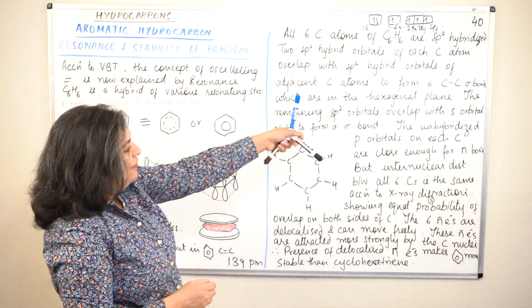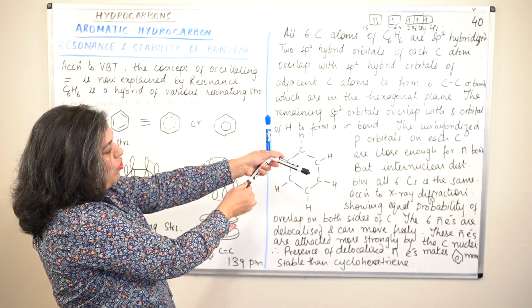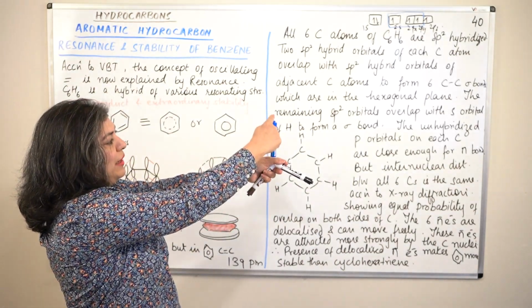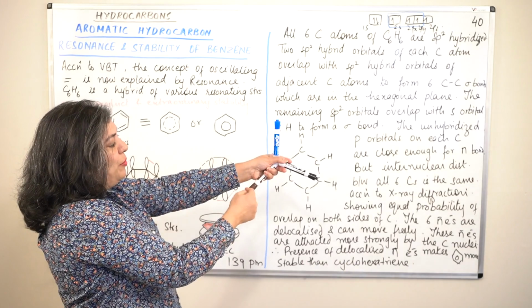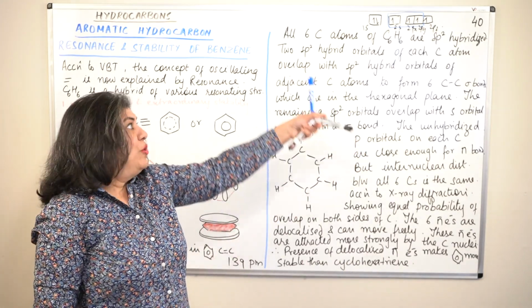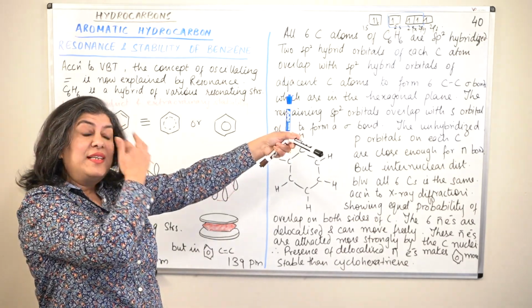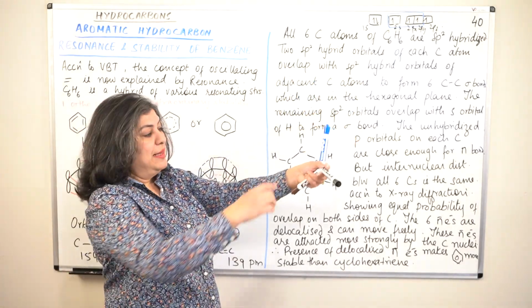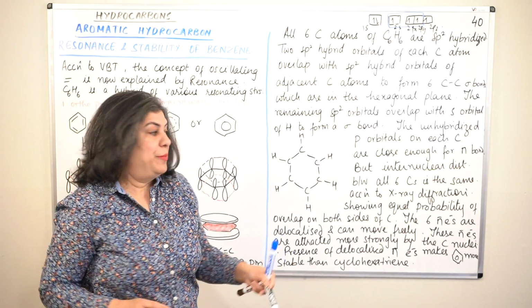They can stay as far apart as possible if the ends of these 3 bonds occupy the 3 corners of a regular triangle, right? So sp2 hybridized orbitals have this shape, that is a triangular planar shape.